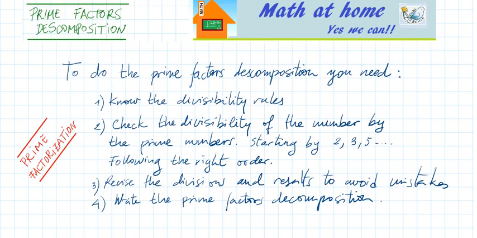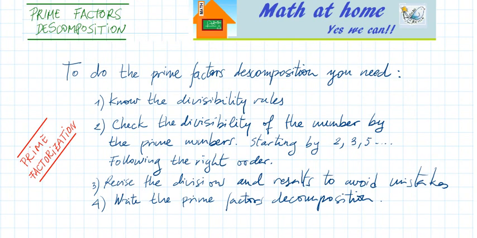So, summarizing, to do the prime factor decomposition or the prime factorization, you need to know all the divisibility rules. Check the divisibility of the number by the prime numbers, using the right order, starting by the number 2, then by the number 3, then by the number 5, then by the number 7, then 11, then 13.